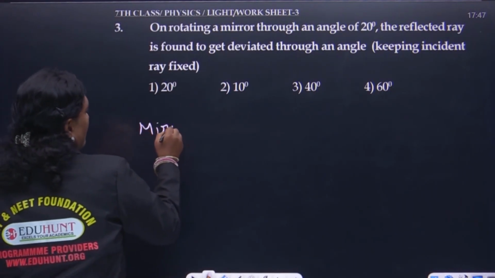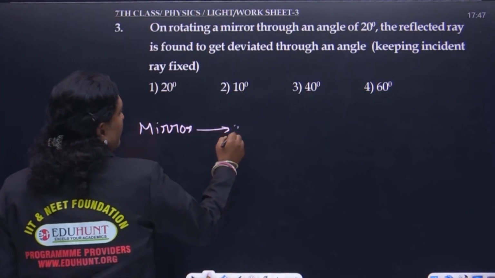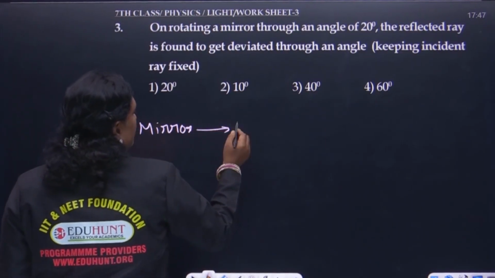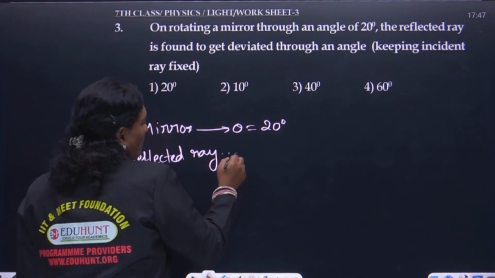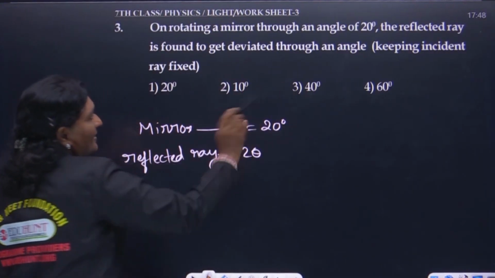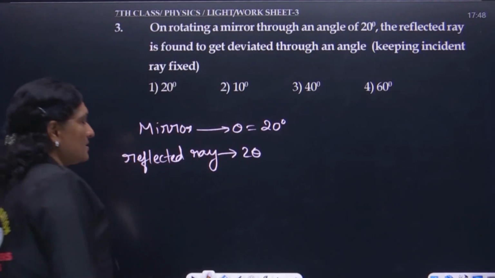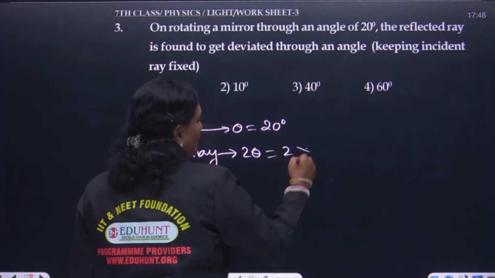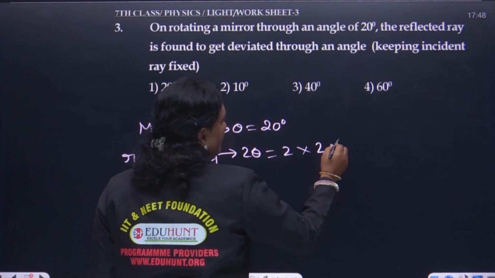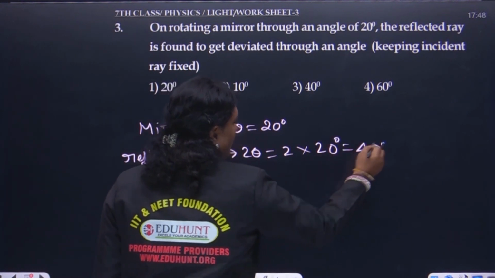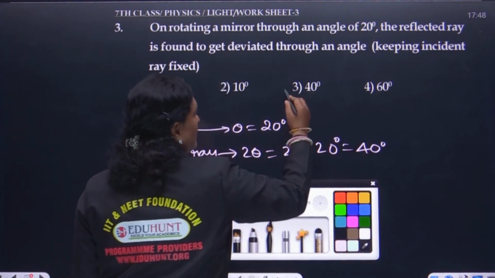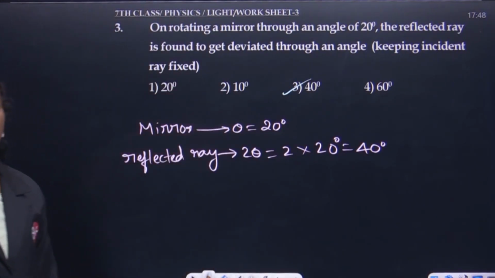Keeping the incident ray fixed, the reflected ray turns by 2 times 20 degrees, and it is found to be 40 degrees. Hence the correct option is option 3, that is 40 degrees.